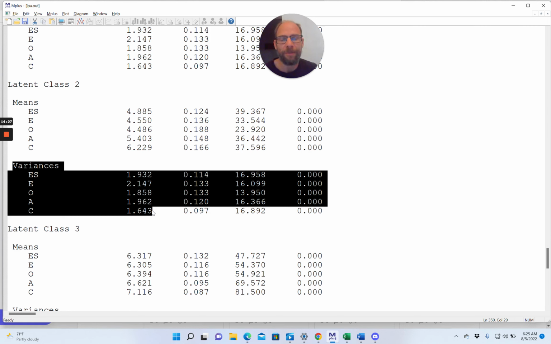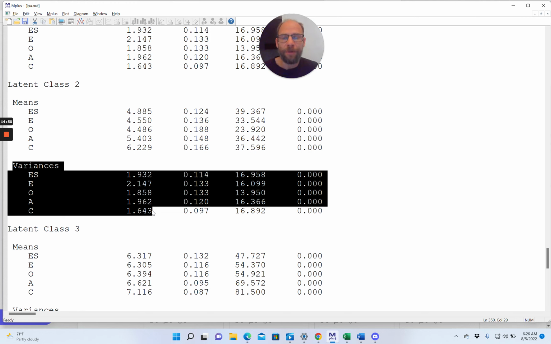If you were to estimate those variances freely across classes, then oftentimes the solutions can become a little bit unstable. And also then the mean profiles often are not so well defined between classes, because then some of the variability can be absorbed within class variance or across class variance differences.